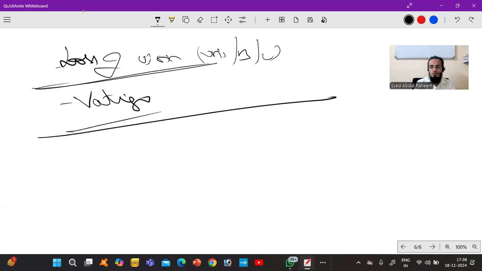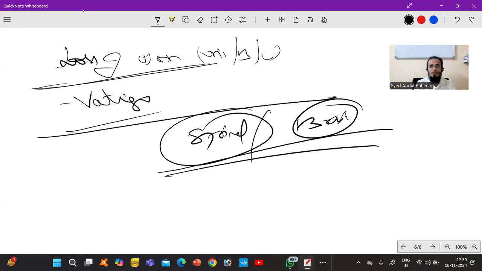Other than that, we will divide into two things, according to the area that is affected. If the affected area is in the central nervous system, meaning the spinal cord or the brain, what symptoms or clinical features will we get? First, we will talk about the spinal cord.